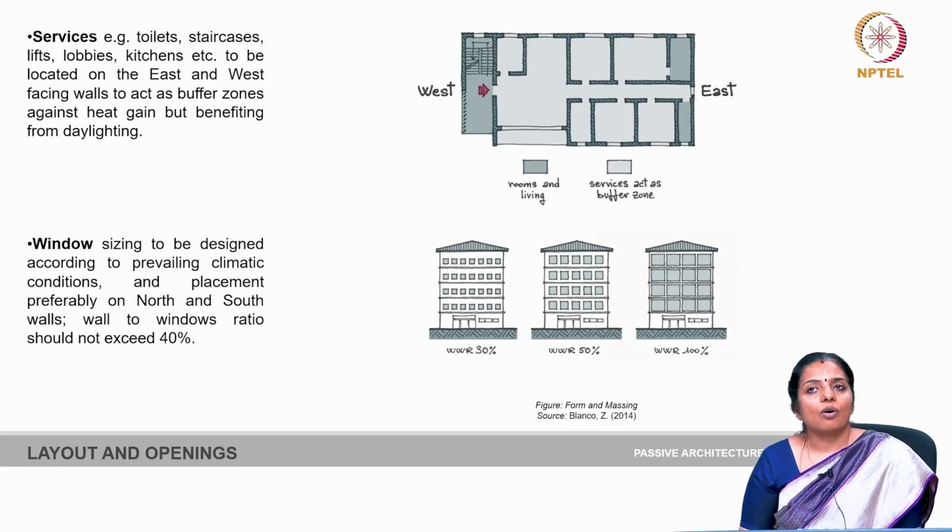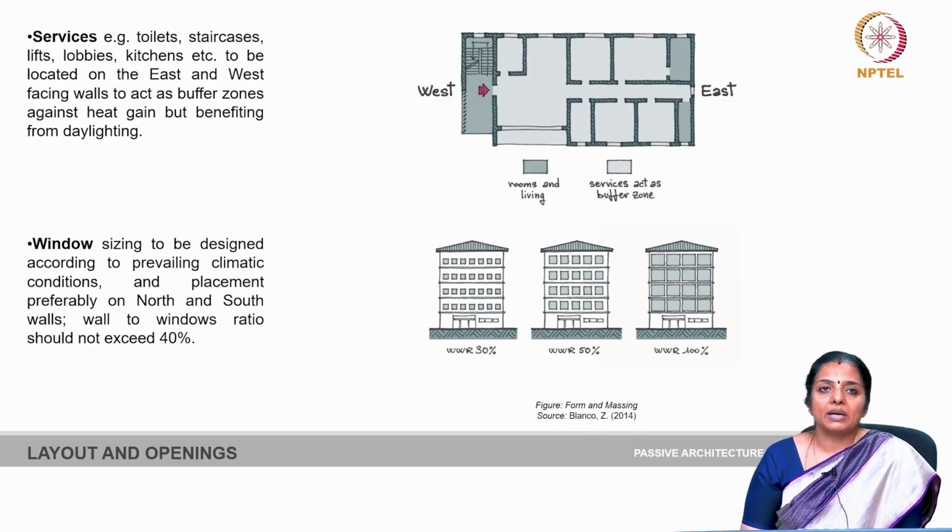These areas, often non-habitable spaces, can act as a thermal buffer, and it helps to insulate the more occupable spaces from excessive heat. Additionally, this design strategy allows these service areas to benefit from daylighting, reducing the need for artificial lighting.